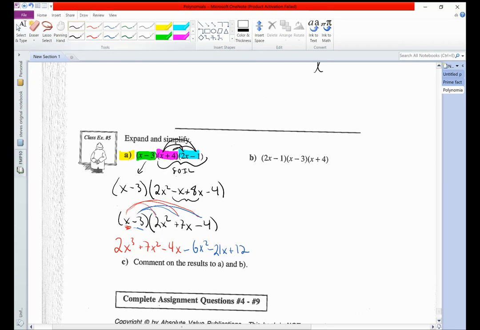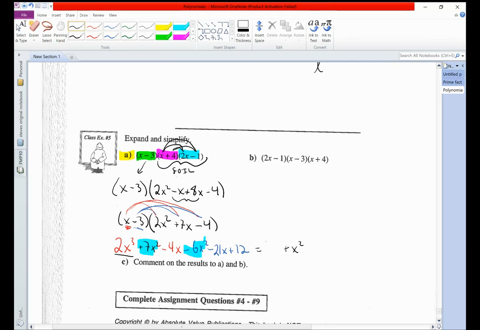And what you can do is simplify that. So combine any like terms. We have a positive 7x squared here and a negative 6x squared there. So positive 7x squared subtract 6x squared gives us 1x squared. And I forgot to start here. So we have a 2x cubed.